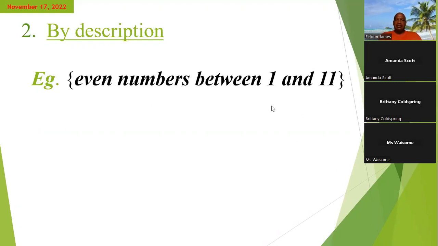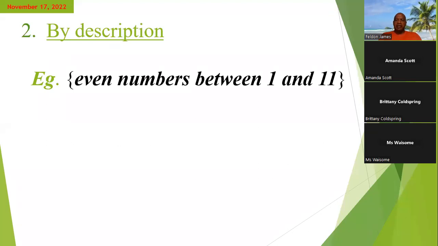In this case, you would know exactly what members belong to this set. You may get a set by description, but you must also be able to list the members that are described.